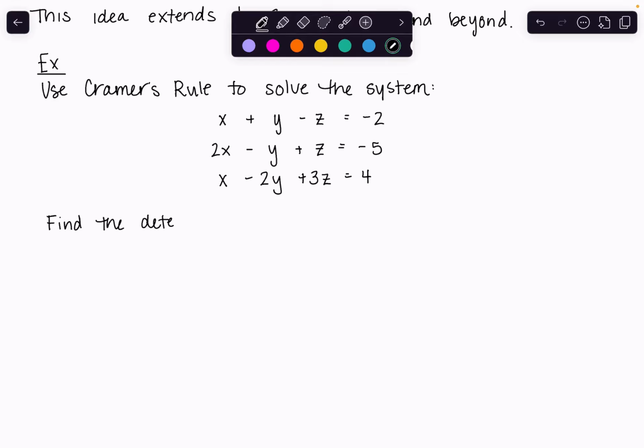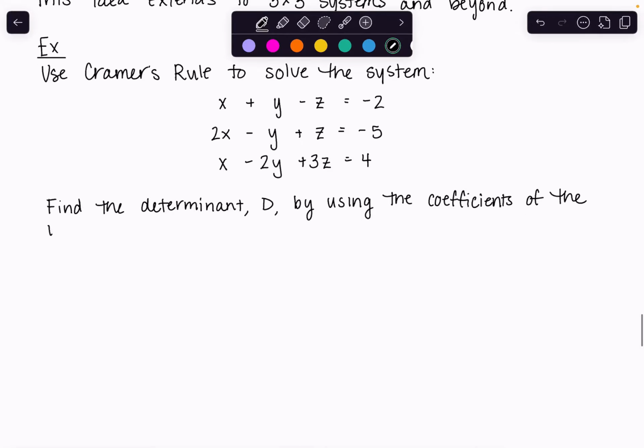So we find the determinant D by using the coefficients of the variables. So the determinant D, I got to copy all these values.